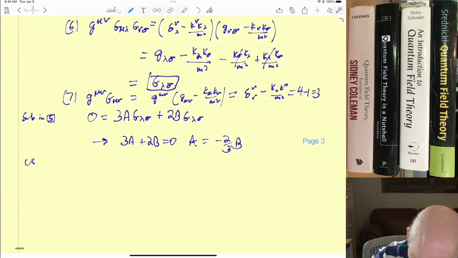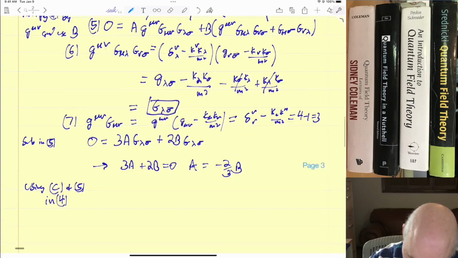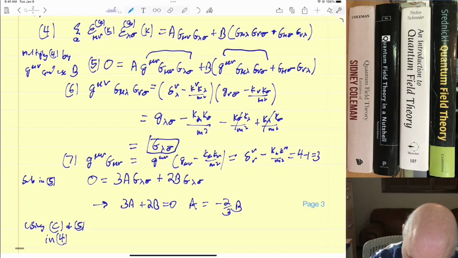So using C and 5 in 4, we're going to get 1, because of normalization we're going to substitute 1, 2 for mu nu and 1, 2 for lambda sigma.